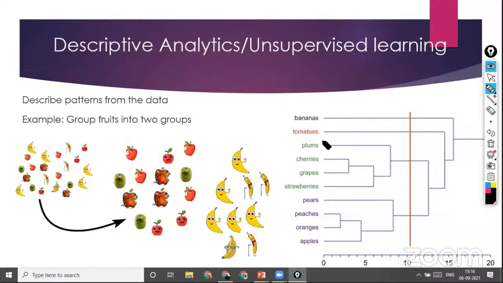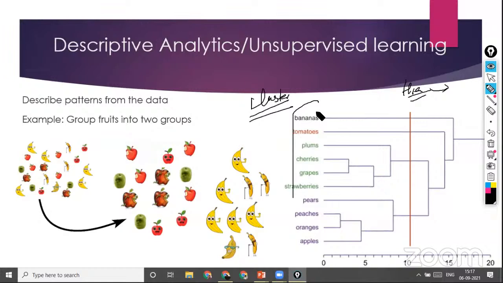Another example: you have a lot of fruits here, and we use a technique called hierarchical clustering. Initially all these fruits belong to one category, they are fruits. When you iterate over this algorithm, at this particular point you have 2 categories.